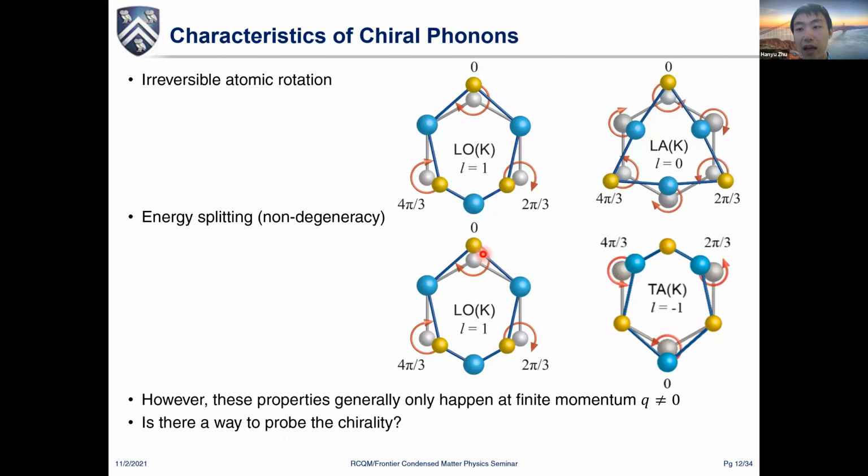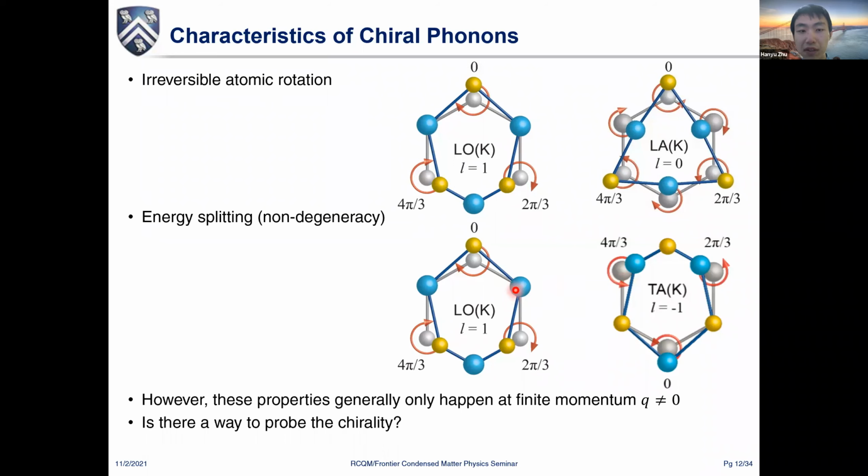But then the plus angular momentum phonon rotates the B sites, whereas the minus angular momentum phonon rotates the A sites. As long as the A and B sites contain different atoms with different mass, their energy must be different.